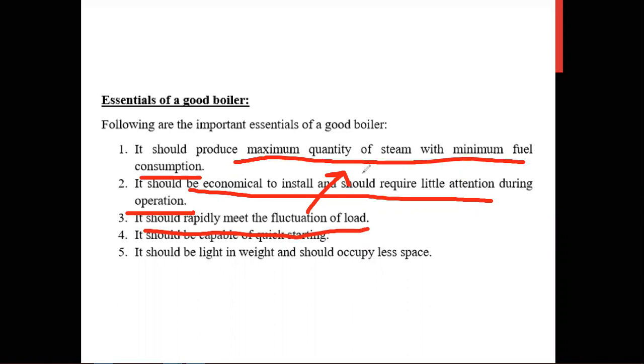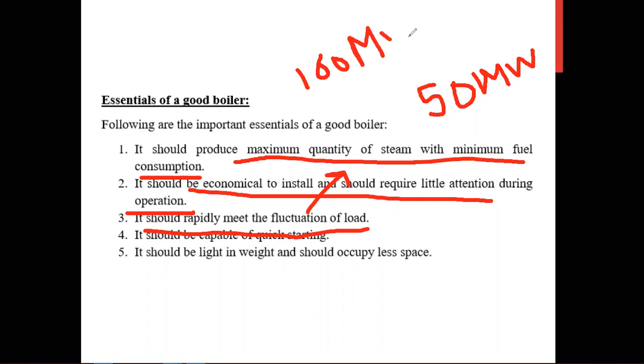Suppose in the morning the demand is low, say the demand is 50 megawatt, but you are producing 100 megawatt in the power plant. But remember, can we store the other 50 megawatt? No, because this is AC.